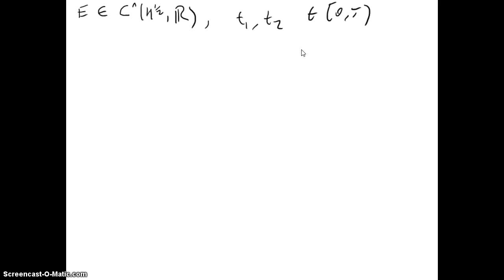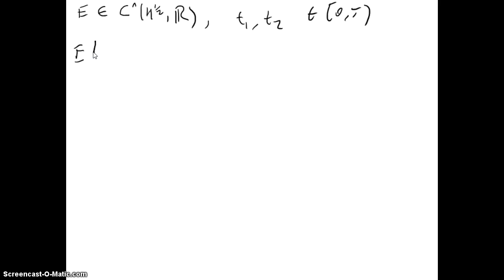Okay, so we have E is in C1, H^{1/2}, R. So we can compute in a well-defined way for t1, t2 in 0, T, as follows.